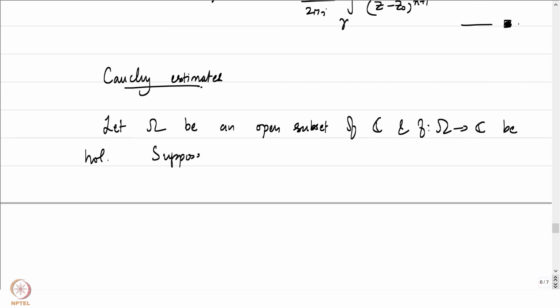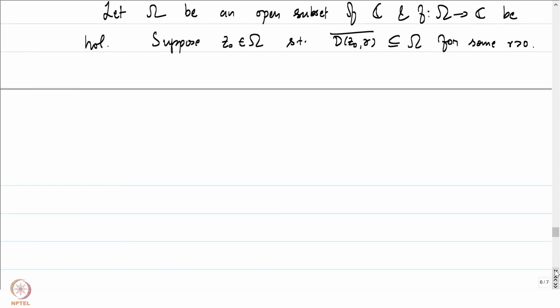Suppose z0 is some point in omega such that the closed disk of radius r is contained in omega for some r positive. Let gamma of t be equal to z0 plus r e to the power it for t in 0 to 2 pi. Basically, it is the circle of radius r around z0.